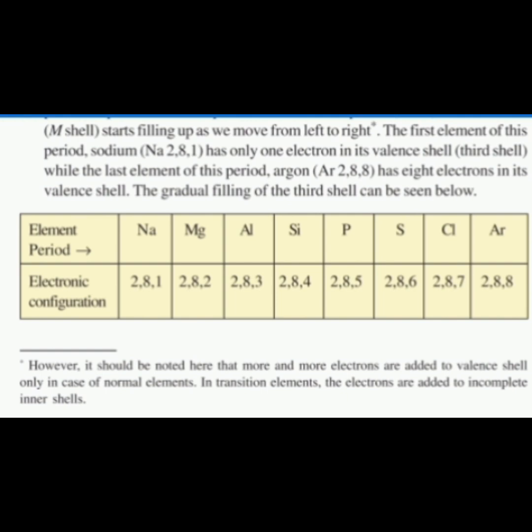In Na there is just 1 electron, but in argon it becomes 8 electrons in the valence shell. So you can find in the picture, that is element period and electronic configuration, while it travels from left to right, the electrons increase gradually and it fills up the shell.